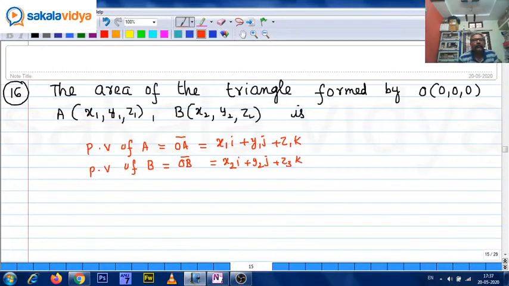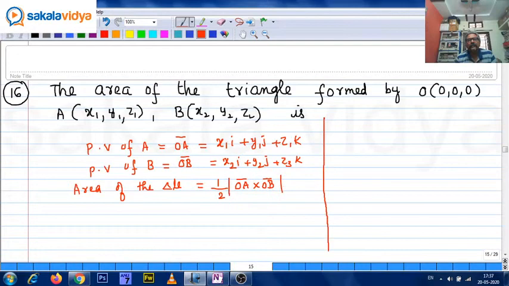Now for example, OA, OB are the sides of the triangle, then the area of the triangle is given by the vector area: half of OA cross OB. This is the vector area, but the scalar area is the modulus. So next you need to find OA cross OB.